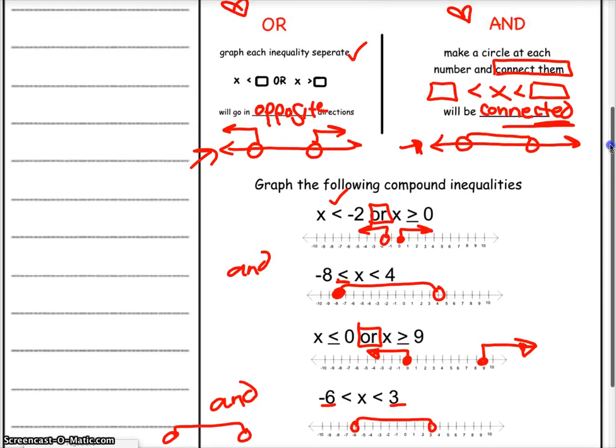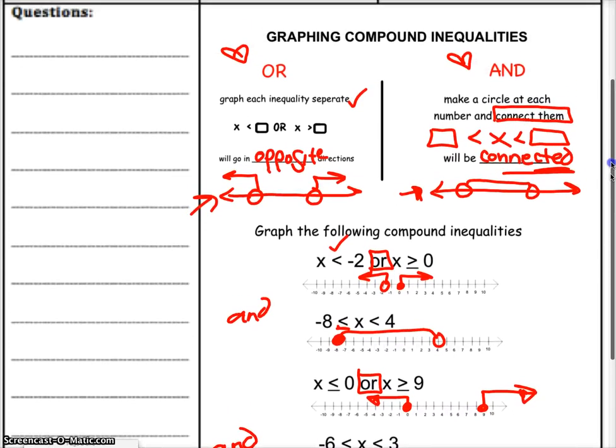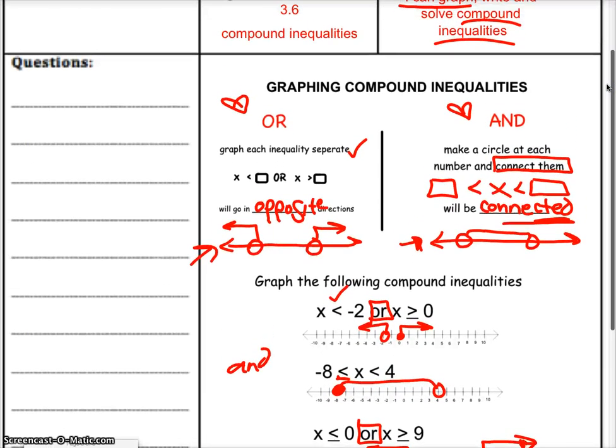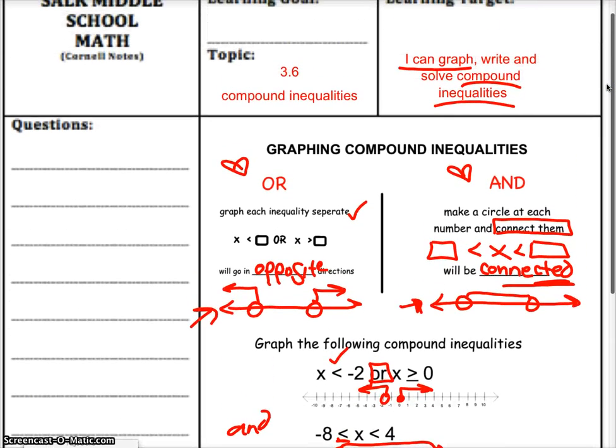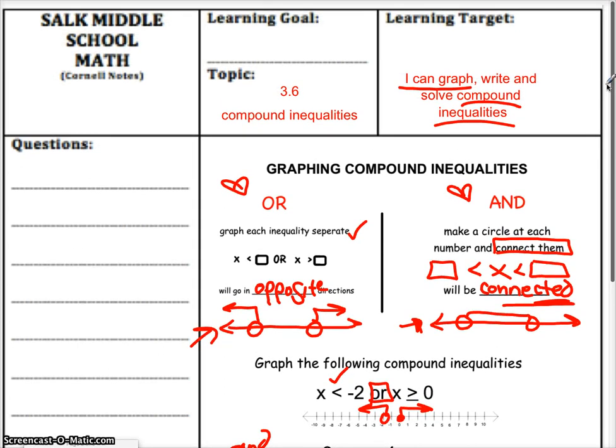So my question for you, do you feel like you would be able to graph a compound inequality? Do you know what an or graph looks like? Do you know what an and graph looks like? Do you know what an and graph looks like in symbolic form? That means when x is smushed in between, like I'm showing here, you have a number is smaller than x, which is smaller than a number.